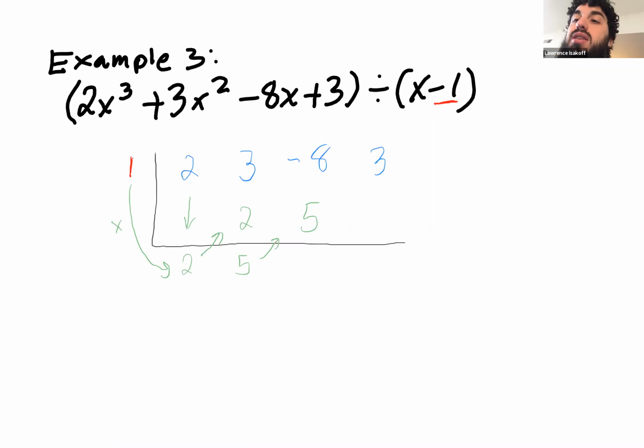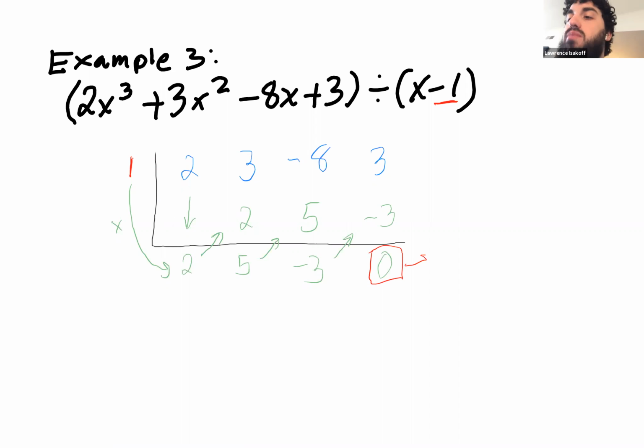Let's see, -8 plus 5 is -3. And now I do 1 times -3, that's just -3. Oh, this one's neat. This one has no remainder.